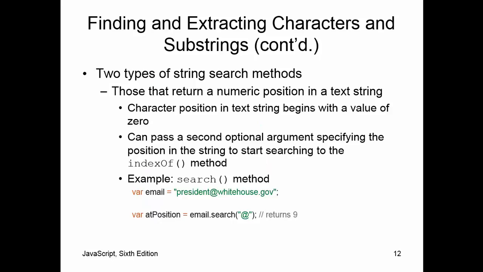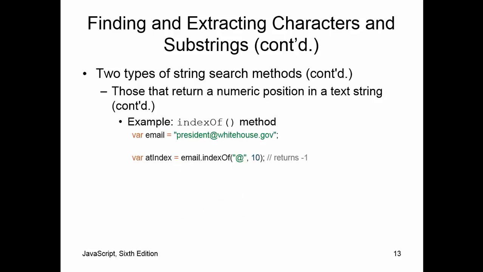There are two types of search methods, and as it says, there are those that return the numeric position in the string starting from 0. And with most of these you can go forward or backwards. So you can search a string in a forward direction, which means you put a positive number, or you can search a string backwards, which means a negative number.